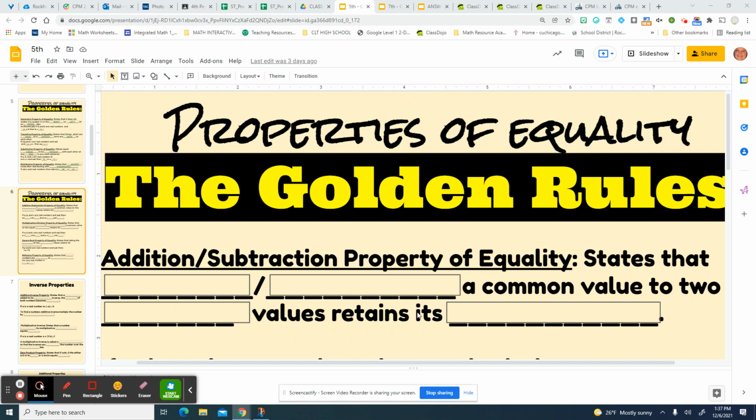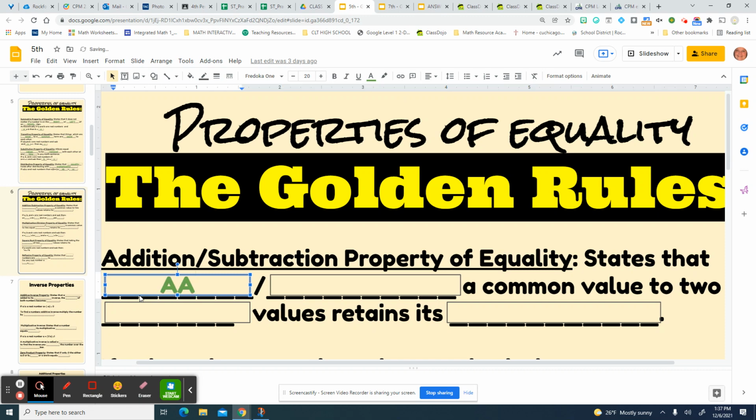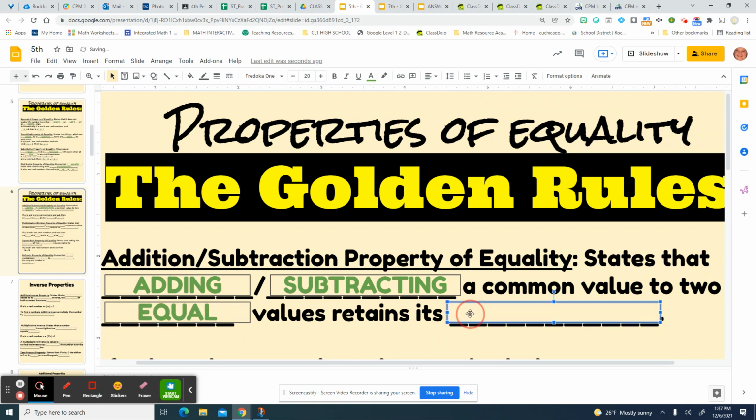But it's like how if you have to justify your reasoning in math, you could say, I can do this because of that property. Okay? So the first one, addition and subtraction property of equality, states that adding and or subtracting a common value to two equal values retains its equality.